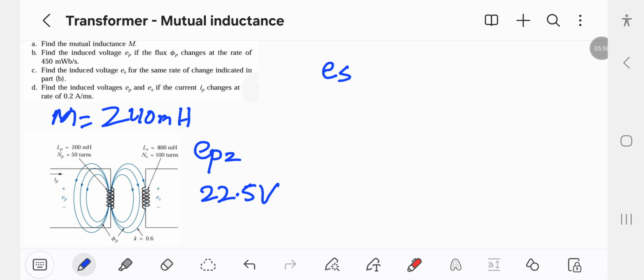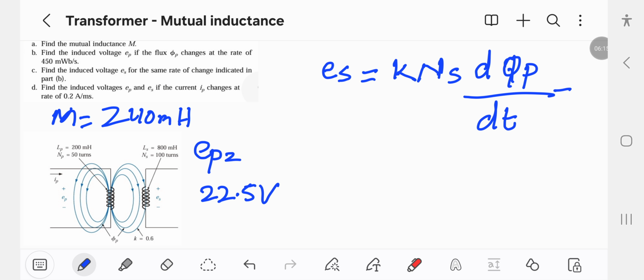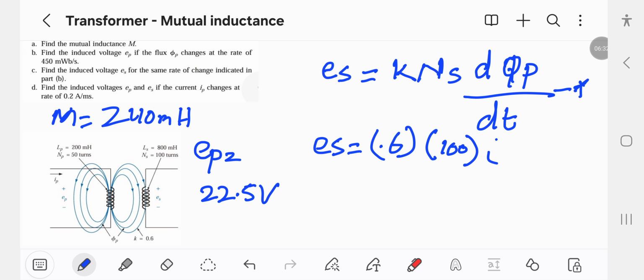the secondary coil for that same rate of change. So according to Faraday's law, that same rate of change. So what happened when we put all these values, turn here is 100, so that rate of change is 450 milliweber per second.